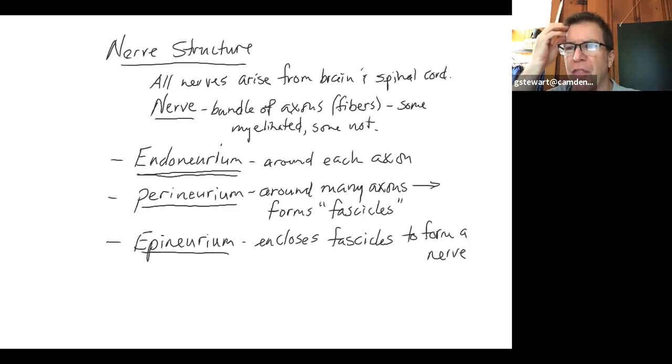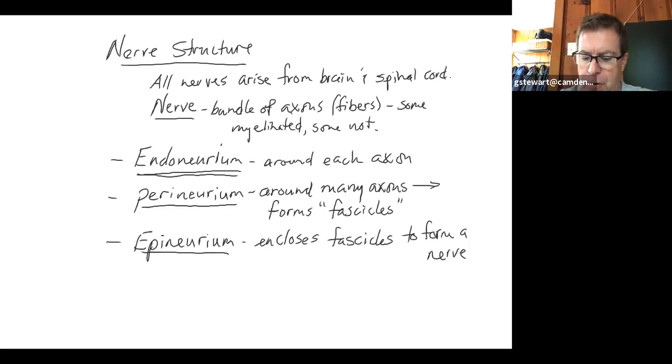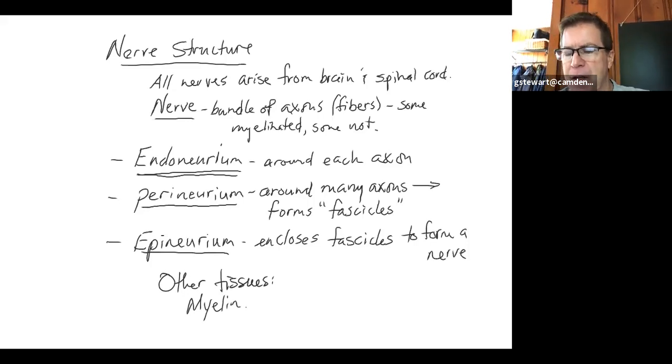Now there's other things within a nerve besides just wrapped axons. So other tissue and structures that's found within a nerve, well, we know that myelin's going to be in there. Actually, myelin takes up probably the bulk of the volume of a nerve when the axons are myelinated. So we have myelin in there, of course.